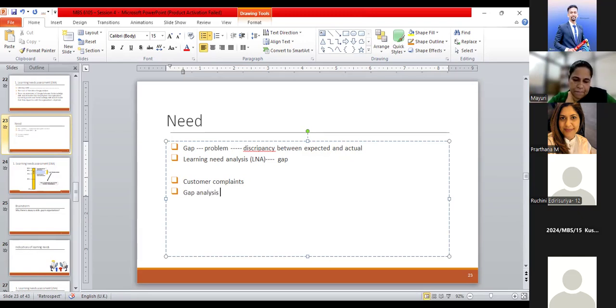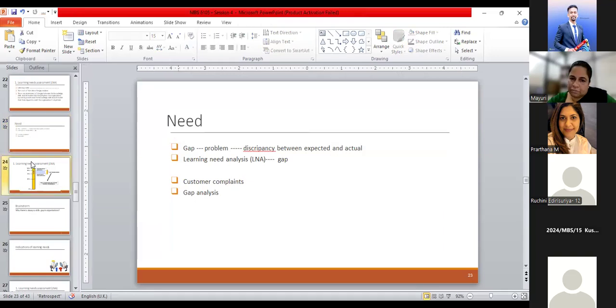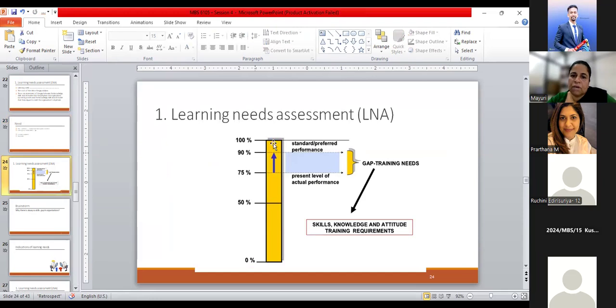Gap analysis එකක් කියන්නේ මෙන්න මේ වගේ එකක්. What is your expectation? What is your actual? What is your learning gap? Right?